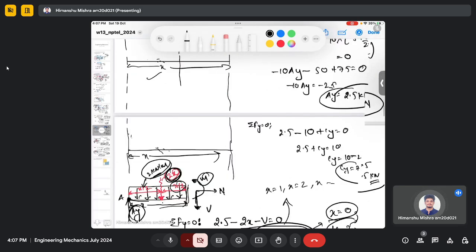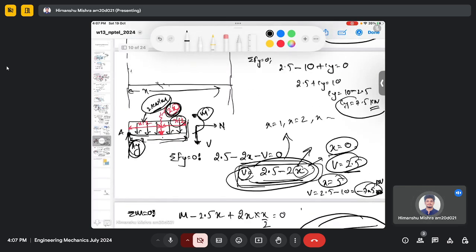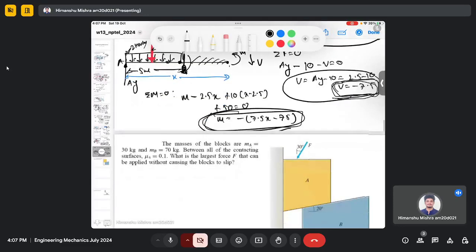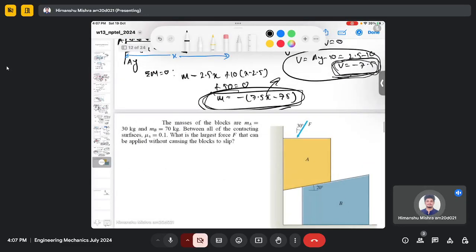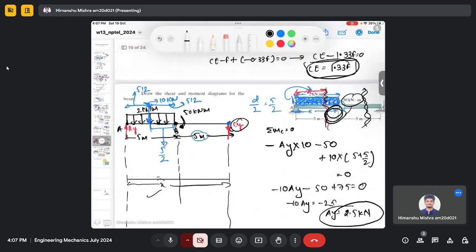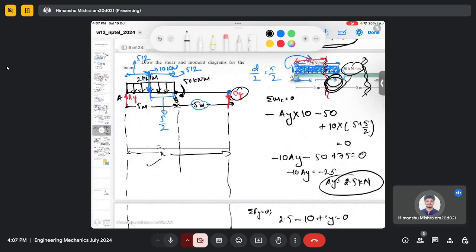When you keep changing the value of x here and here, you will keep getting different values of bending moment and shear force. Based on that you will get something here.